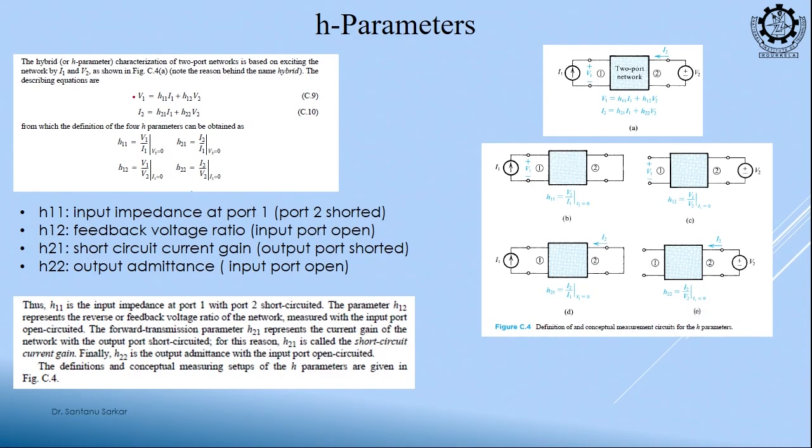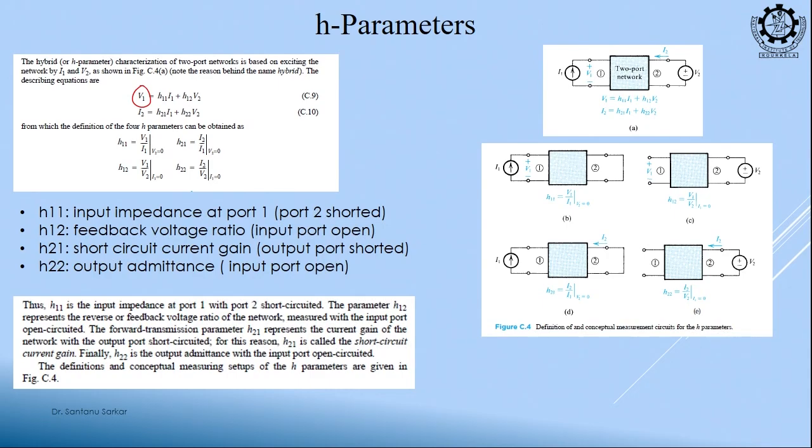So, you see this is voltage, and H11 into I1 should also have the unit of voltage. Clear? Left side is voltage. So, H11's unit should cancel the unit of current and convert it to voltage. So, what could it be? Impedance, V by I, right.